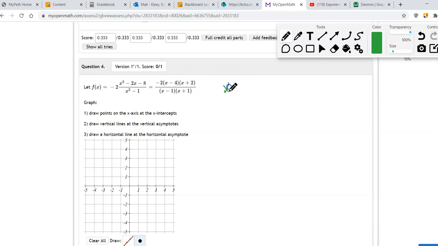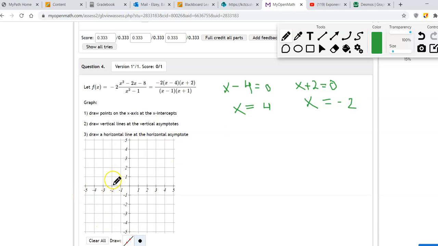Since they've factored it for us, all we have to do is set x minus 4 to 0 and x plus 2 to 0. This is going to give us a positive 4 and a negative 2. So I want to plot both of those.